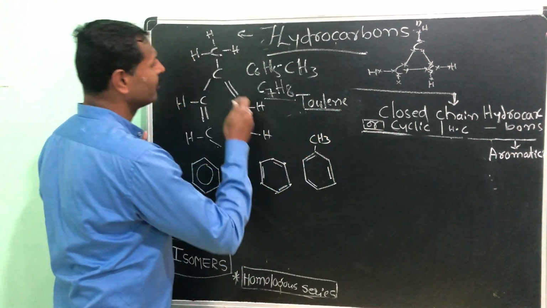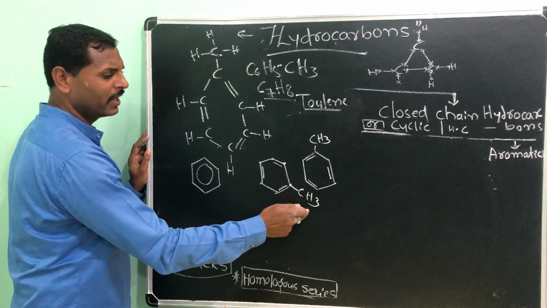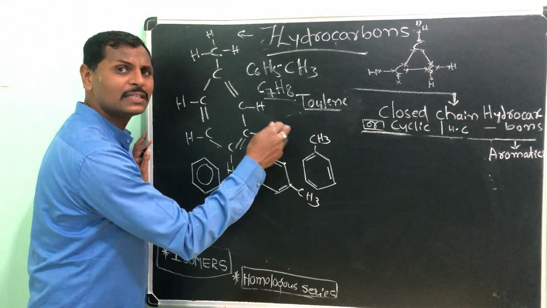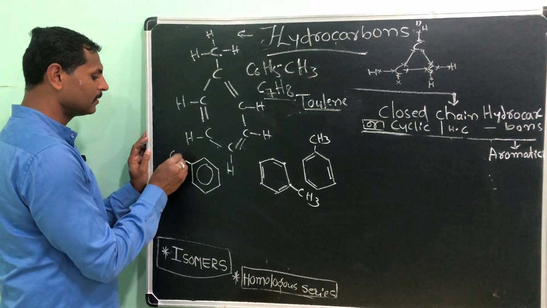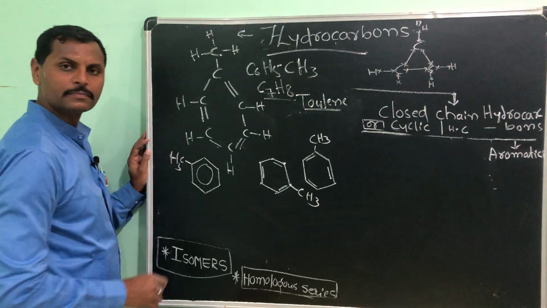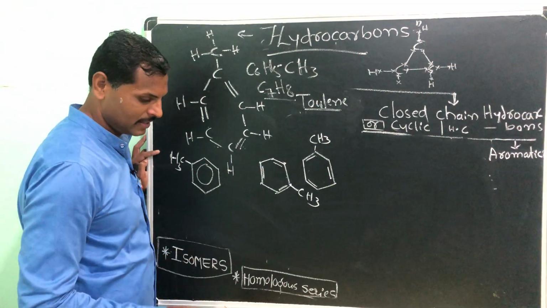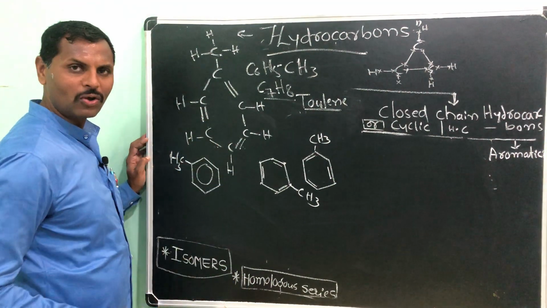You can add CH3 anywhere here. Where you add this CH3, there you just remove one hydrogen. Understood this? So this is about the toluene.